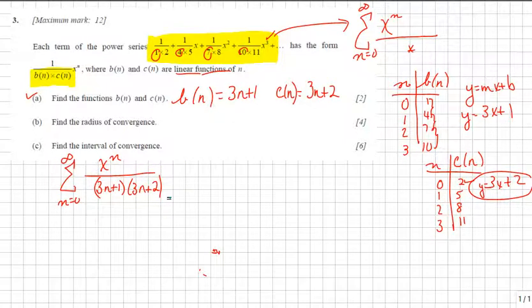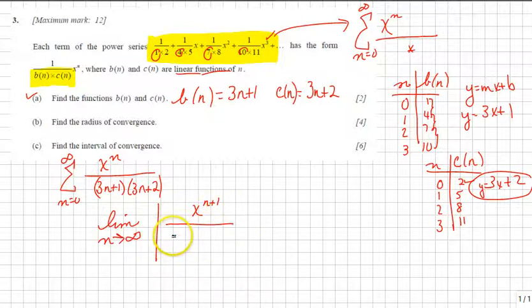Well, remember the ratio test. We're going to take the limit as n goes to infinity of the absolute value of the next term, which would be x to the n plus 1 over the next term.